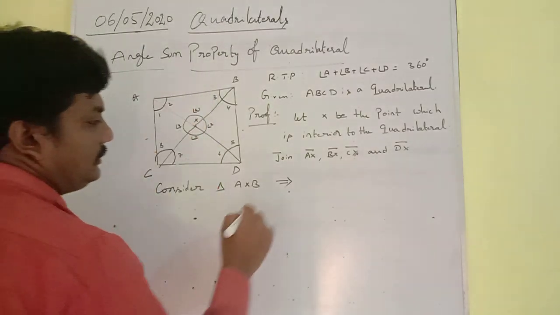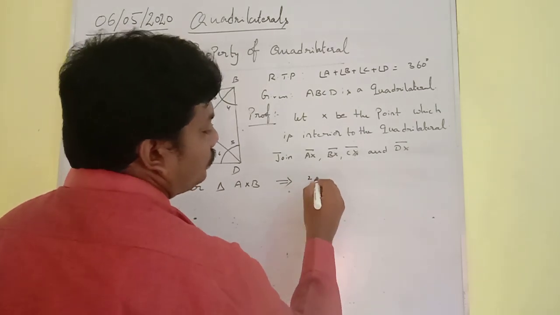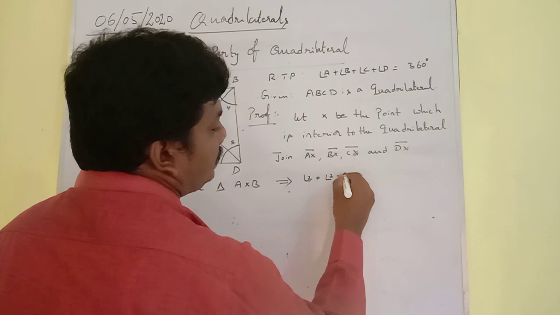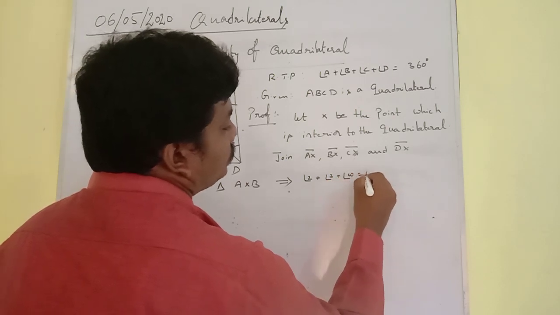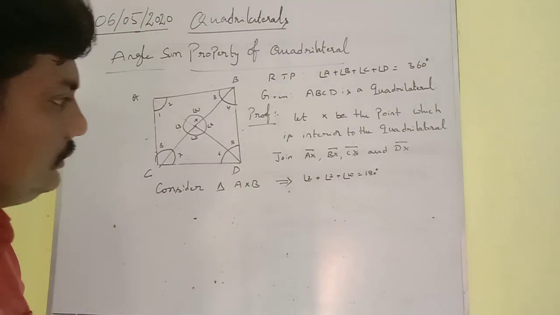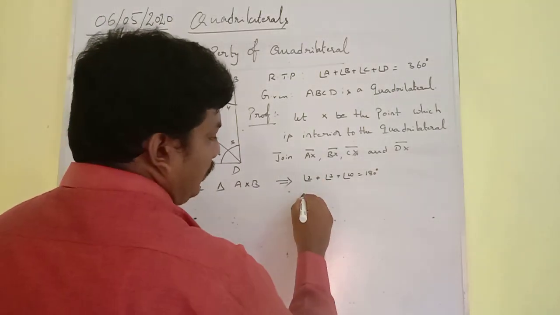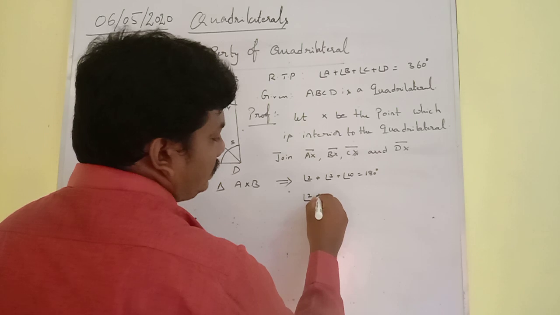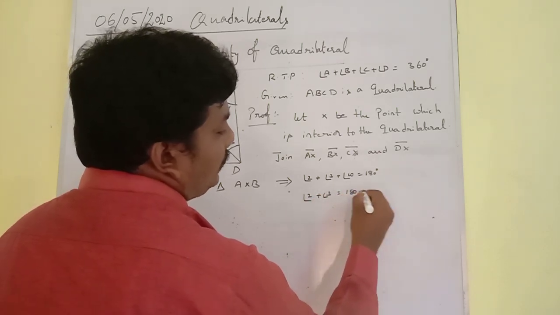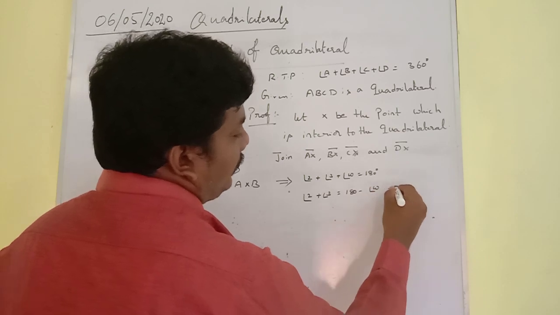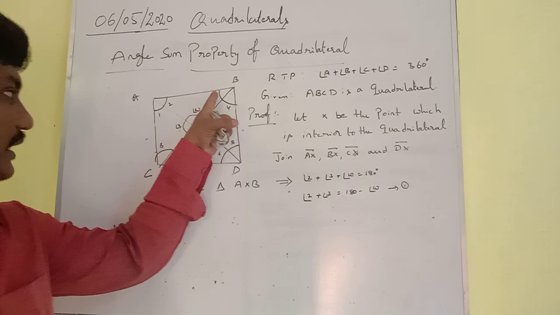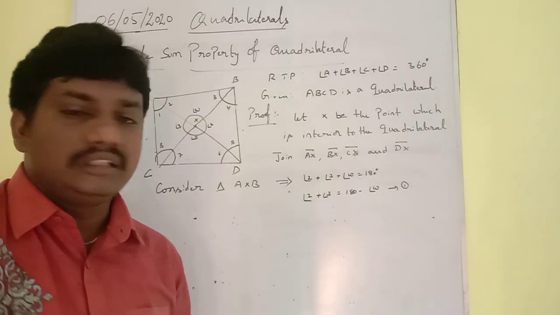So angle 2 plus angle 3 plus angle W is equal to 180 degrees. So angle 2 plus angle 3 is equal to 180 minus angle W. Make it the first equation.